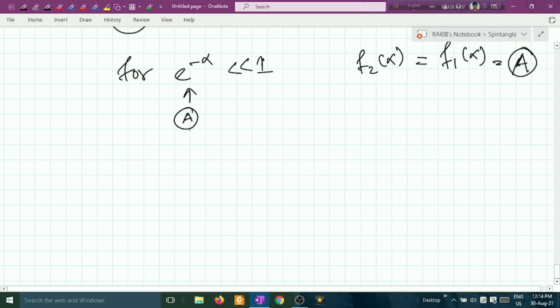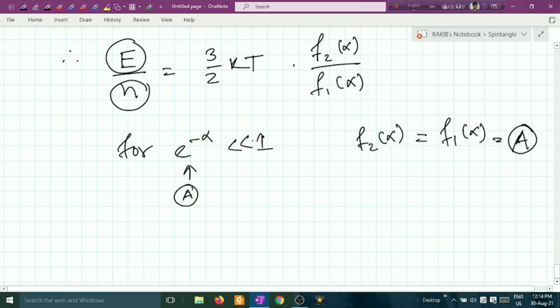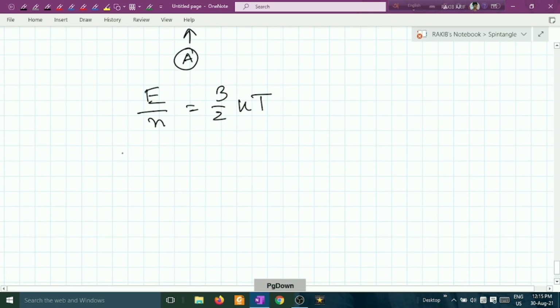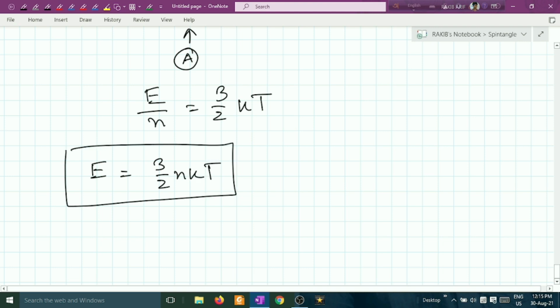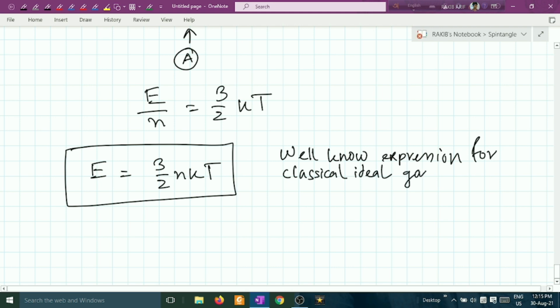Therefore these two terms cancel out with each other, and E by N becomes 3 by 2 kT, and the total energy in case of a classical ideal gas will become E equals 3 by 2 nkT. This is the well-known expression for classical ideal gas energy.